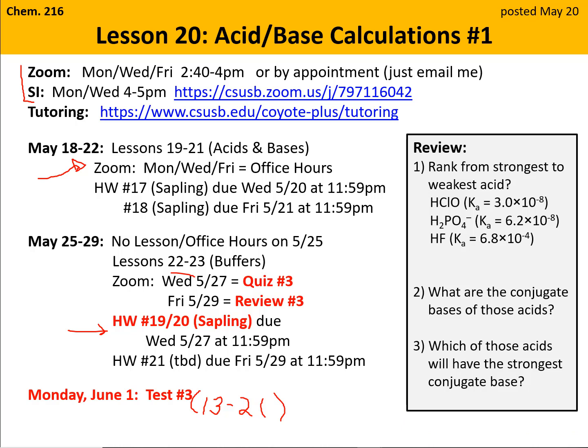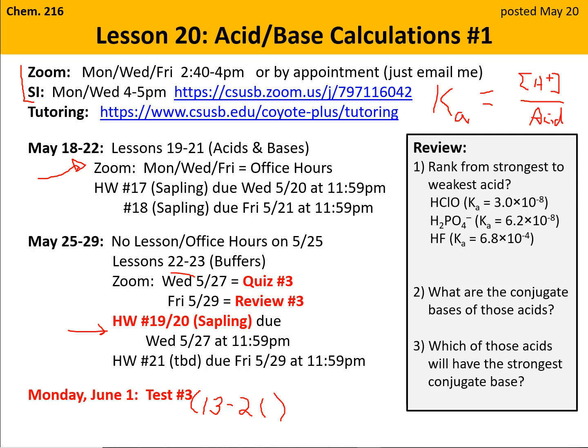All right, so let's talk about a review. Last time we talked about strong versus weak acids, and we said that Ka is a way to indicate it. Remember, strong acids dissociate fully, weak acids only partially. And remember that Ka is going to be the amount of H plus over the acid itself.